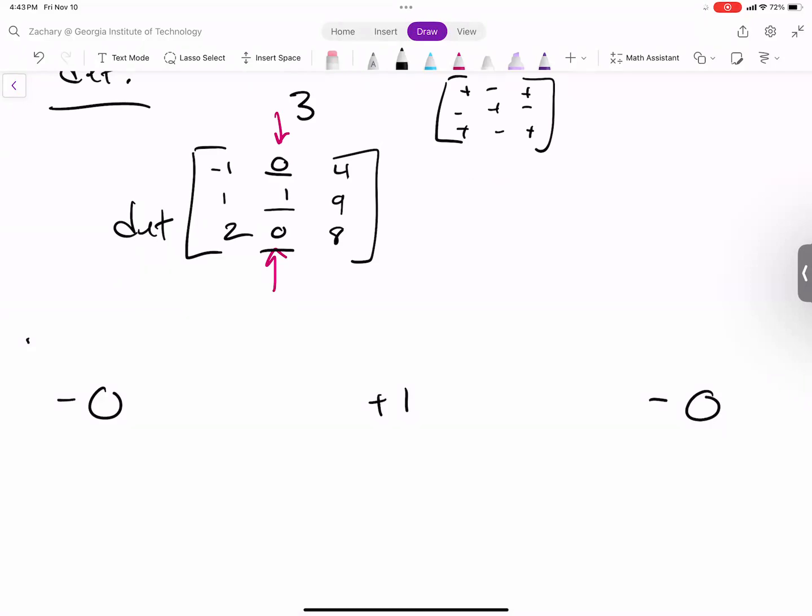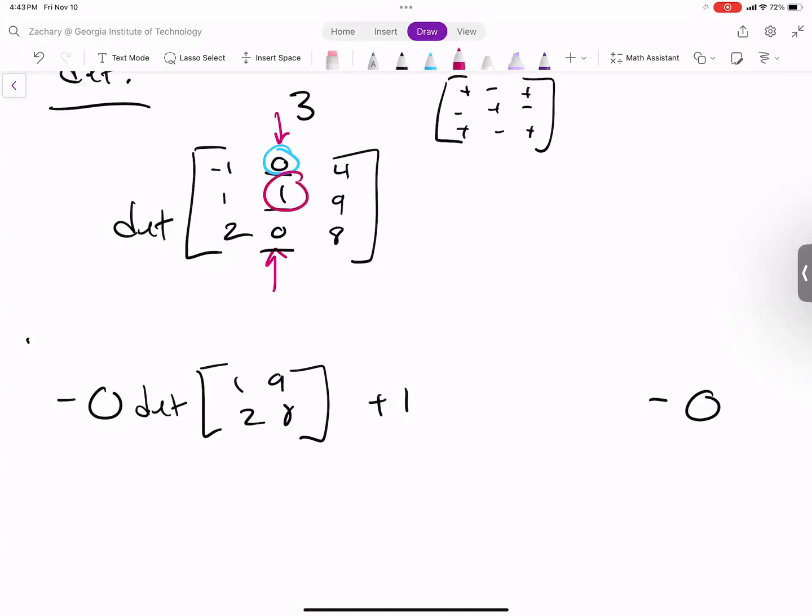The minor is a matrix composed of all of the values that are not in the row or column of that value. So for example, we're multiplying by the determinant of that matrix. For this first 0, the minor excludes that row and column, so what we're left with is 1, 9, 2, 8.